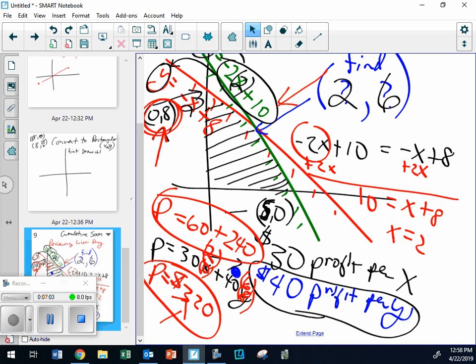We used this profit equation right here. 30x plus 40y was our profit equation. Things about the profit equation, you never actually graph the profit equation. And you have to compare at least all the corners of the feasible region except this one. If 0, 0 is a corner of the feasible region, you don't have to compare that one. You have to compare the others. There was 3 in this case.